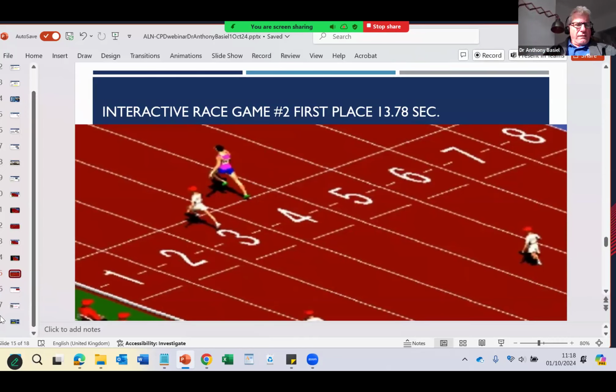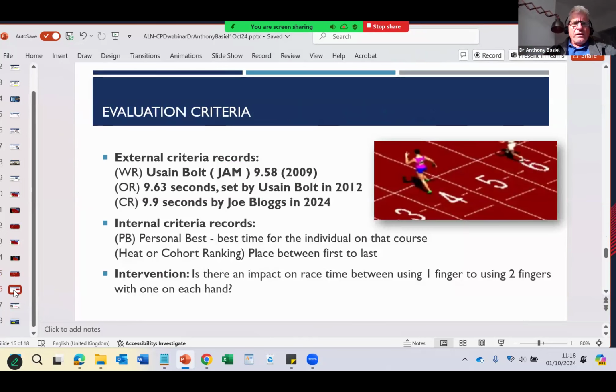Let's take a look at this activity. What does this activity mean in terms of assessment? If we are looking at assessment from an external, criterion-based assessment, then we can take our times and compare them to those times.